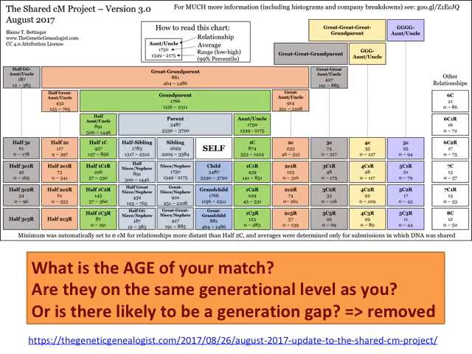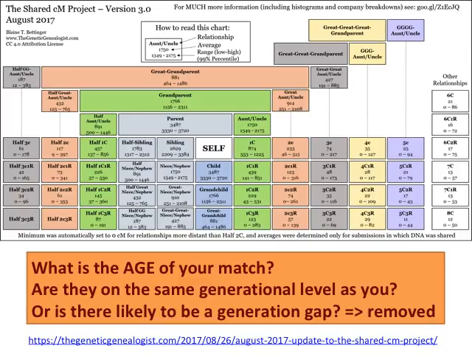Very important when you're looking at your matches is to try to figure out where they sit in the tree in relation to you. And most importantly in this regard, is there a generation gap between you and your close matches? So are you on the same generational level, or is one of them the son of your first cousin, or could it be that you're the lower level and they're the higher level?